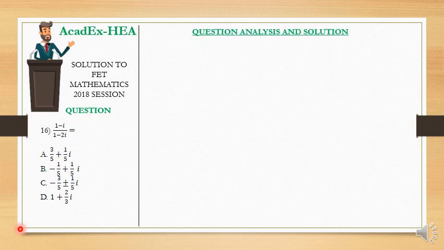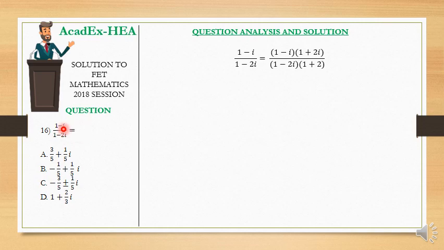This question has to do with complex numbers, and to solve this problem, we need to be able to rationalize the denominator of this complex number. And how do we do that? We need a conjugate of the denominator. What's the conjugate of a complex number? The conjugate of a complex number is gotten by changing the sign of the imaginary part of the complex number.